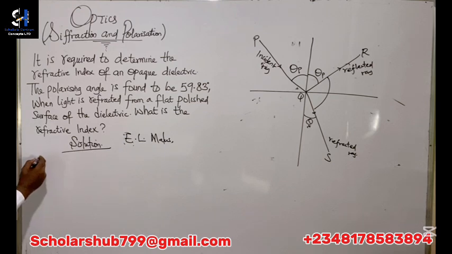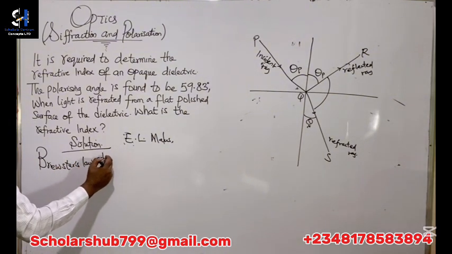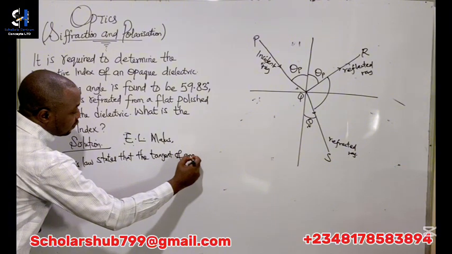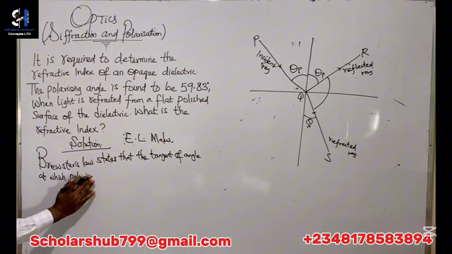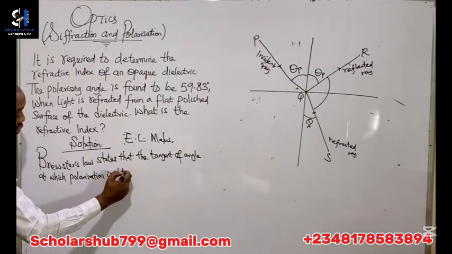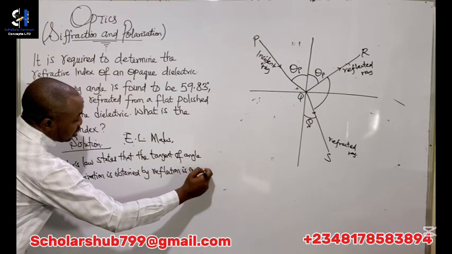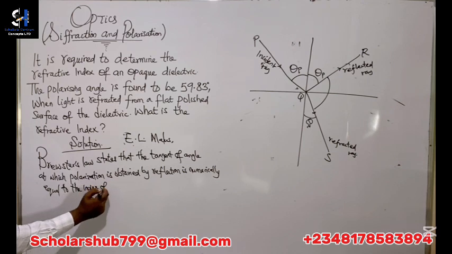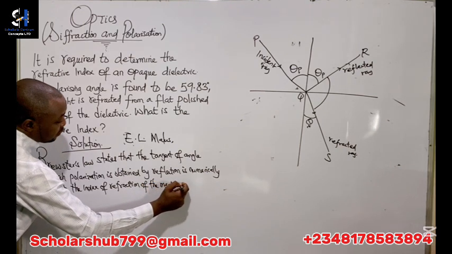Now, Brewster's law states that, this is very important, the tangent of the angle at which polarization is obtained by reflection is numerically equal to the index of refraction of the material medium, or we can say of the medium.